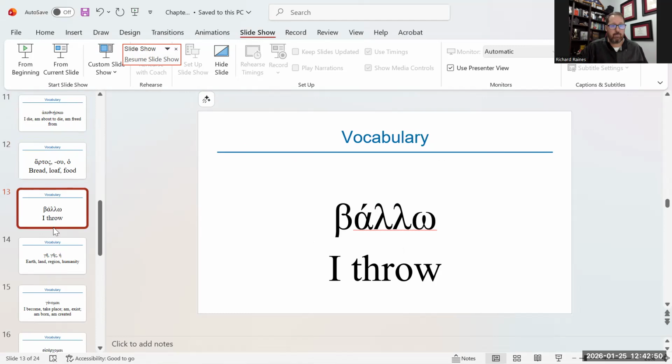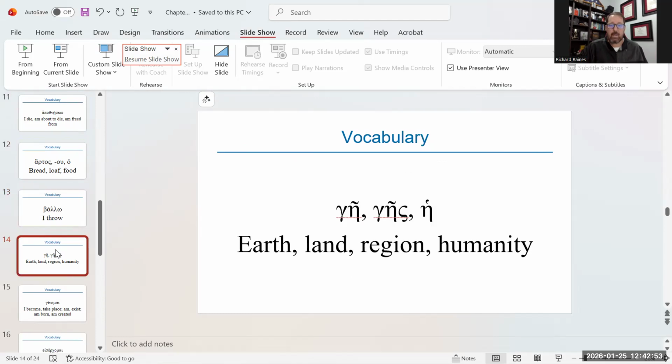Balo, I throw. Gay, gaze, earth, land, region, humanity. You can really tell that Dr. Mounce is an advocate for the New International Version because you find these variations more in the New International Version than you do others.